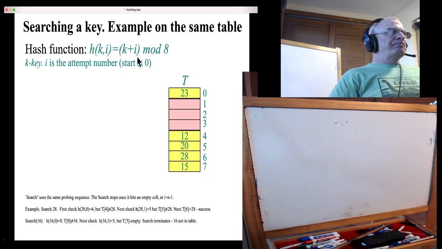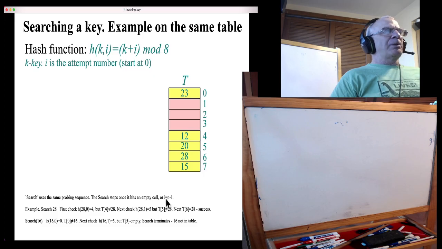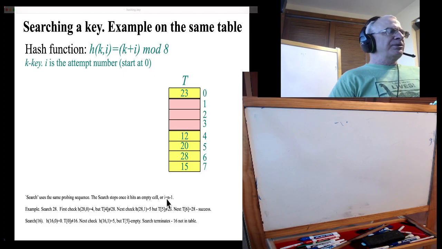i equals m minus 1, where m is the size of the table. I should probably use a larger font.